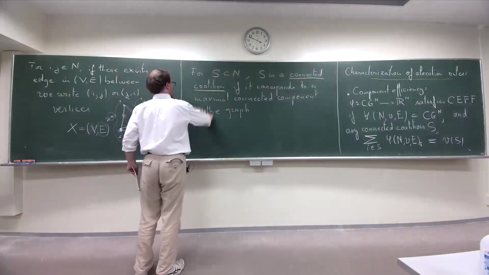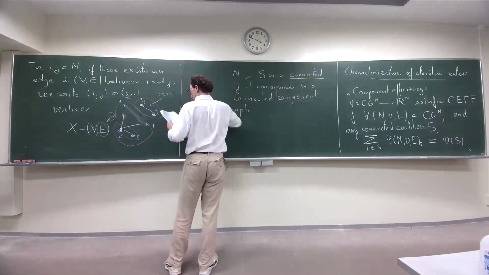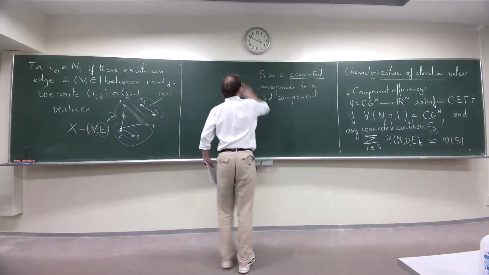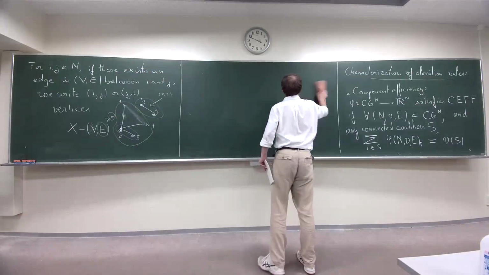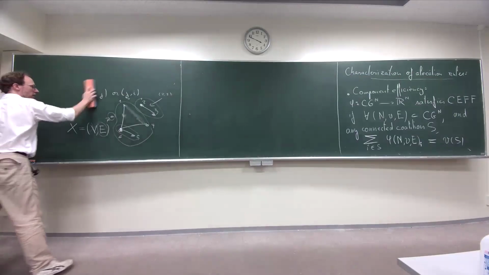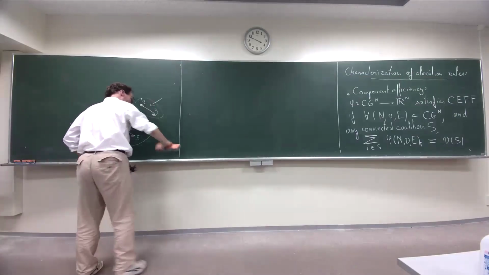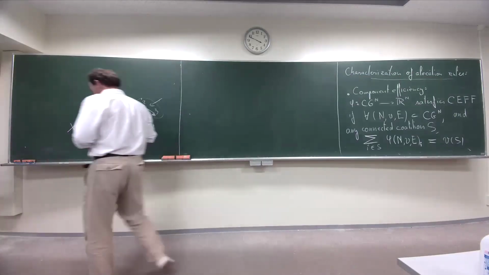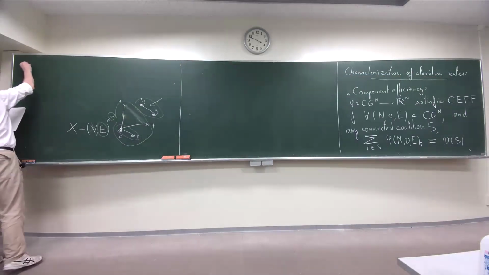I keep this picture for a second because it's useful. A second property is called fairness.